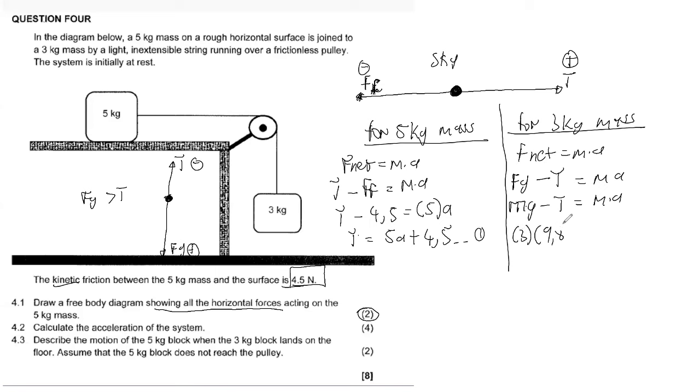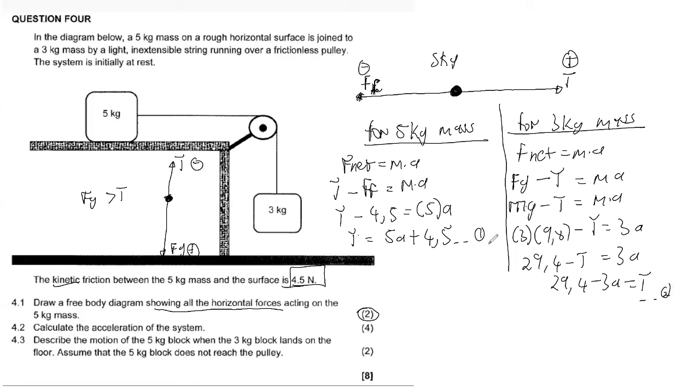Gravitational acceleration is 9.8 always. Minus tension, and then here I have 3a, right? So when I multiply, it gives me 29.4, then minus T equals 3a. Remember, I prefer to make T the subject of the formula, so I'll say 29.4 minus 3a equals T. Then I'll call this my equation number 2.